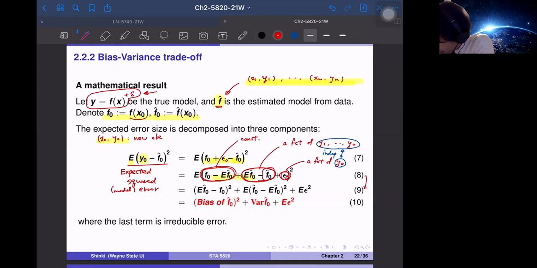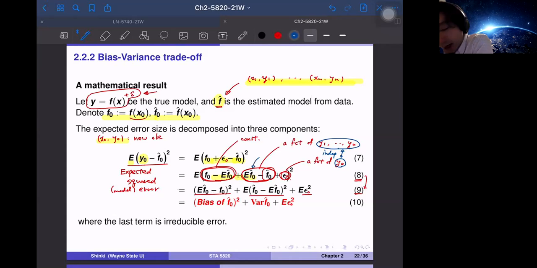Okay, so if we think about decomposing this, the quantity number 8 into 9, this is the square of the first term, this is the square of the second term, and this is the square of the third term, epsilon 0 here. Epsilon is IID. And the cross term exists, but you can see this has expectation 0.